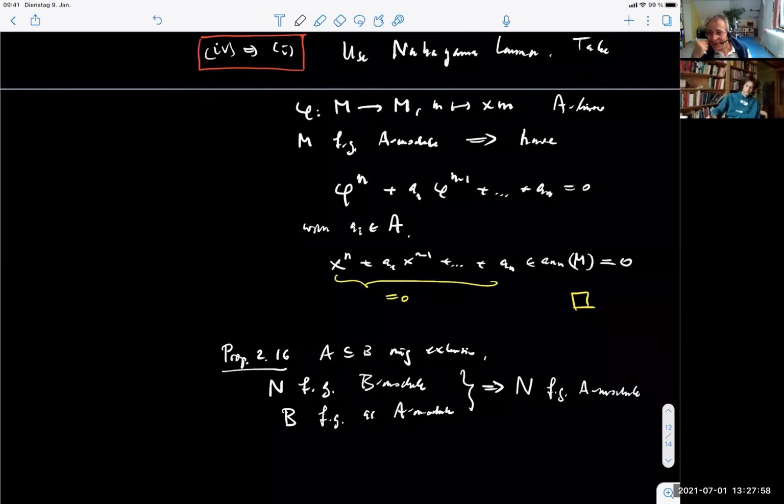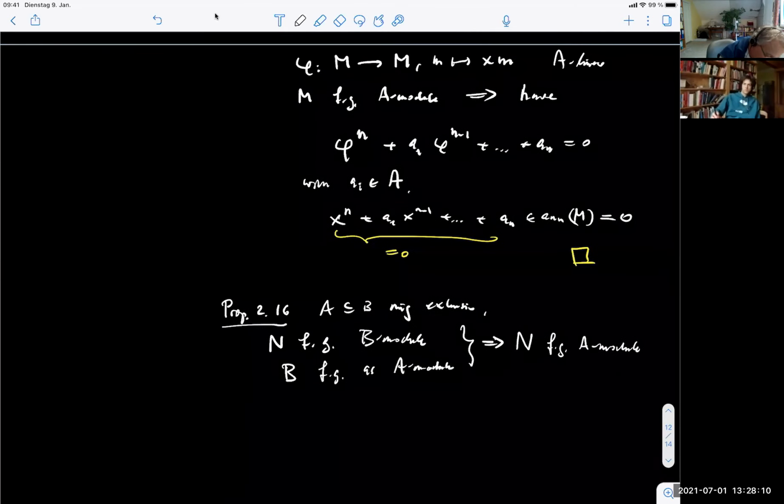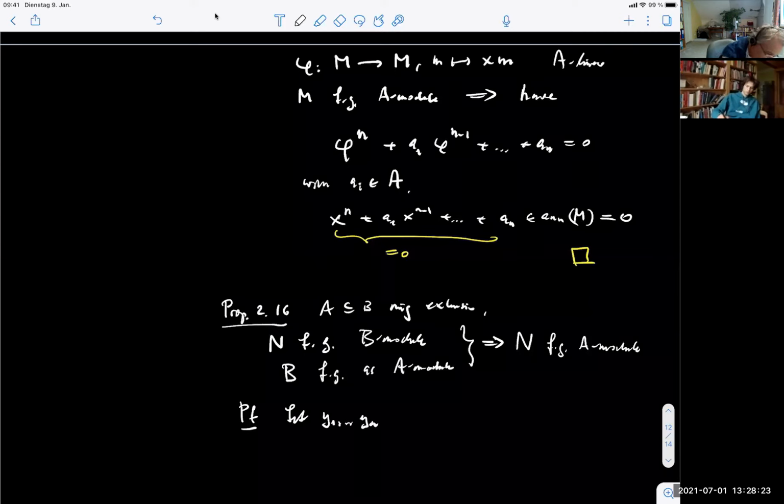So in a way, somebody said this tower condition. This is a transitivity condition, if you want, transitivity of finitely generated. Okay, and the proof. It's a one or two liner, very simple. So let's say y1 up to yn. Maybe I should write it more carefully.